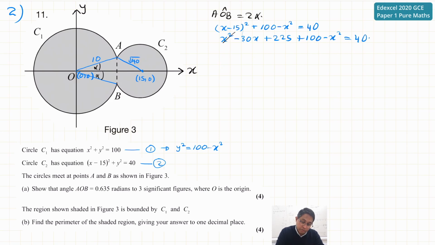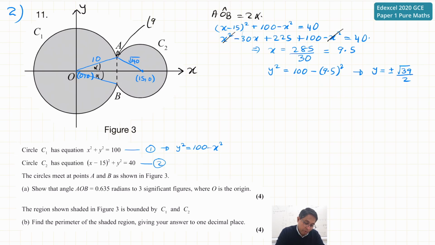This x square cancels out, that would give you x equal to 285 over 30. If you use the calculator, you would get x as 9.5. If you substitute 9.5 into this equation, you would get y coordinate plus or minus square root 39 over 2. So you can get the coordinate at this point as 9.5 comma square root 39 over 2.